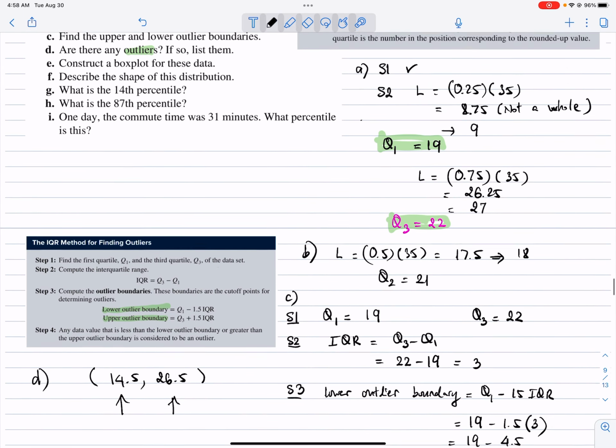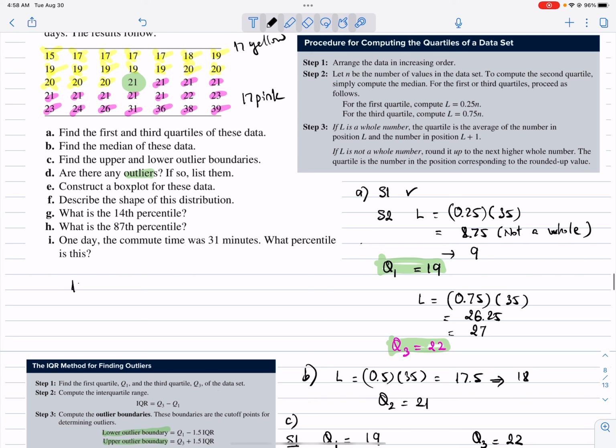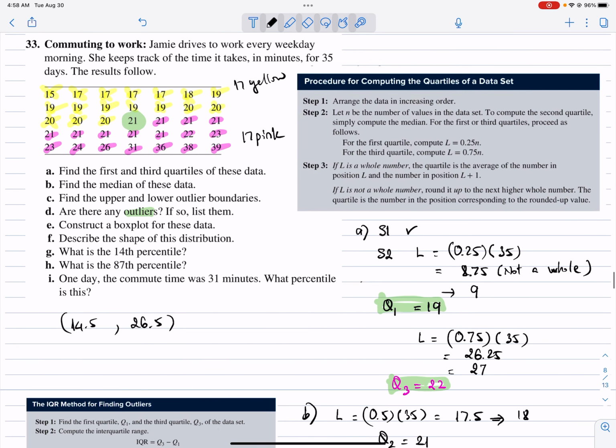Now we go back to our data and we look at our data. So let's copy the numbers 14.5 and 26.5. Now we look at our numbers to see is there any number that is lower than 14.5? We don't have. But do we have any number that is bigger than 26.5?